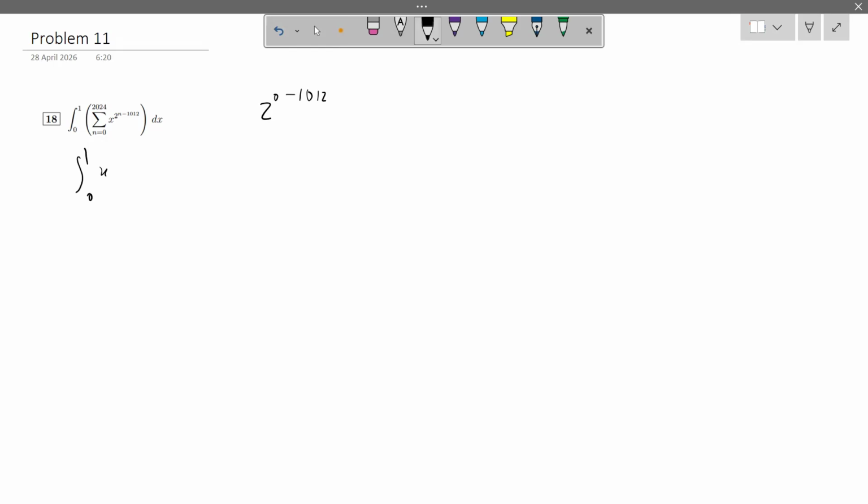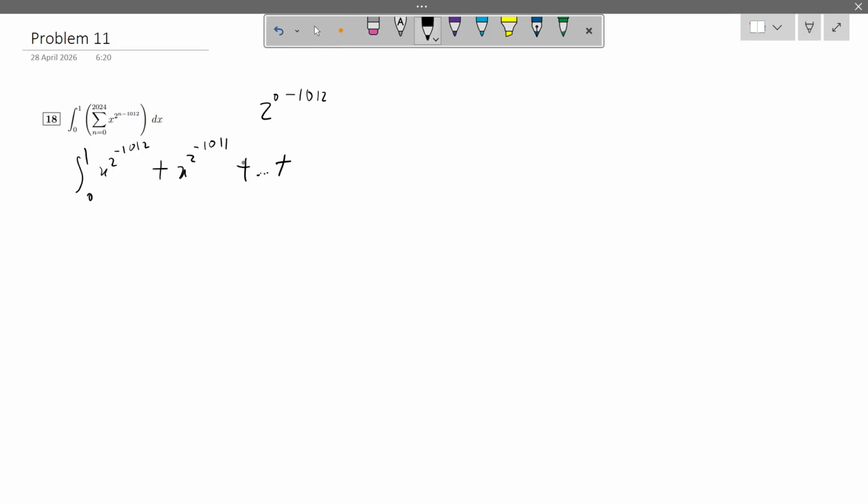That means this is x to the power of 2 to the power of minus 1012, right? And then x to the power of 2 to the power of minus 1011, and you can continue this pattern.